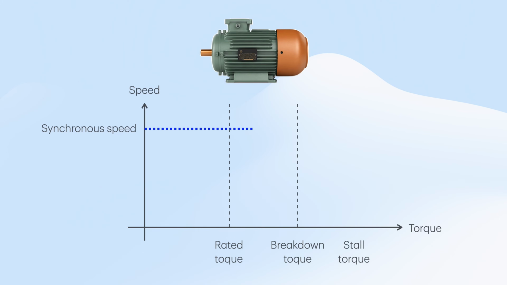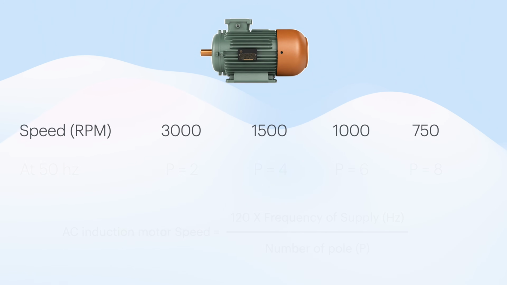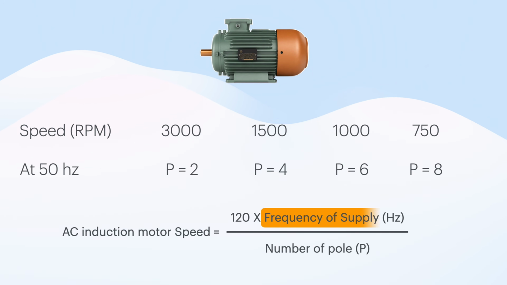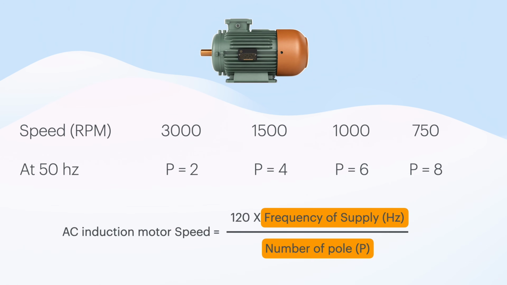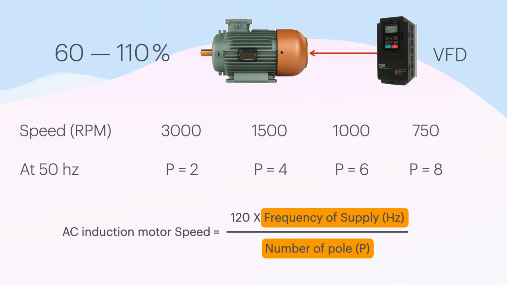Now, the limitation of all induction motors is that their speed does not stay perfectly constant. As the load increases, their speed slightly decreases. And they also have a limited speed range capped by the grid frequency and the number of poles in the motor stator. Yes, with a VFD, speed can be varied to some extent, 60 to 110%.